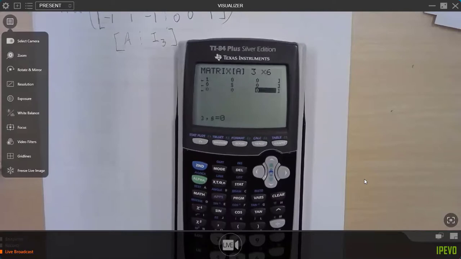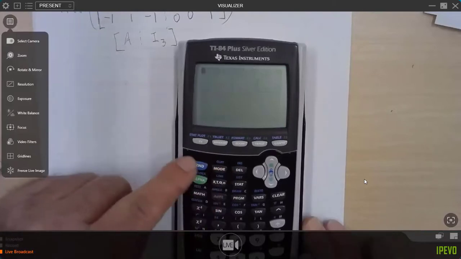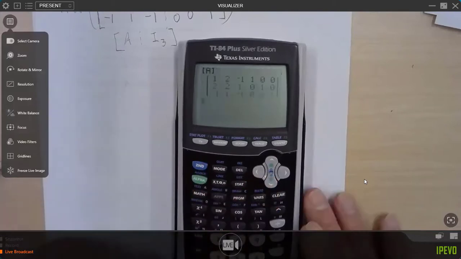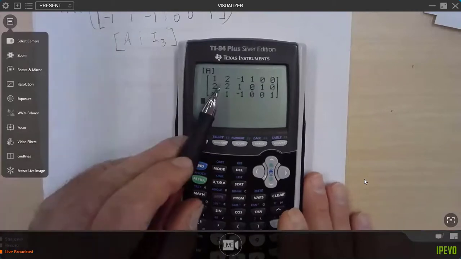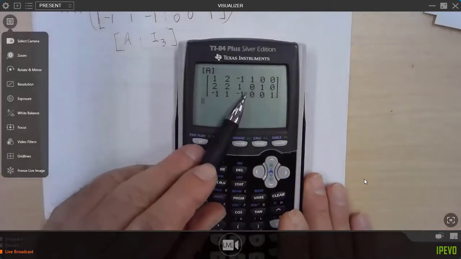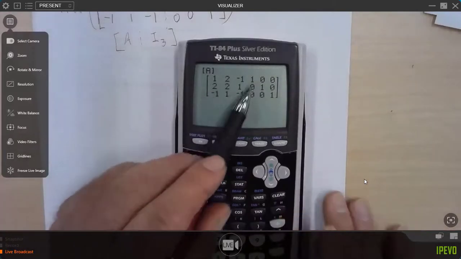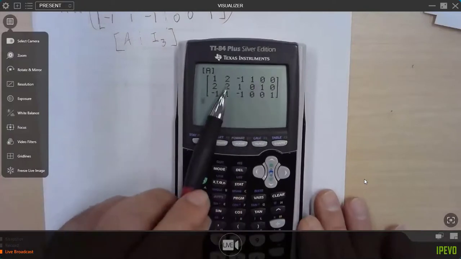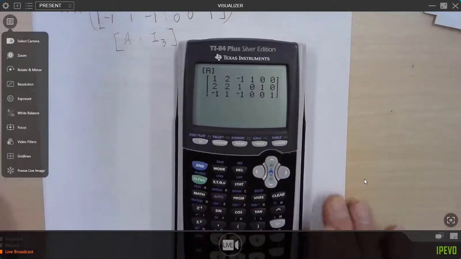So I'm going by memory, not by the screen. But then I will print it out and make sure that I got what I wanted. Okay, 1, 2, minus 1, 2, 2, 1, minus 1, 1, minus 1. 1's down the diagonal, 0's off. So here's my I3 over here. Here's my original matrix A.